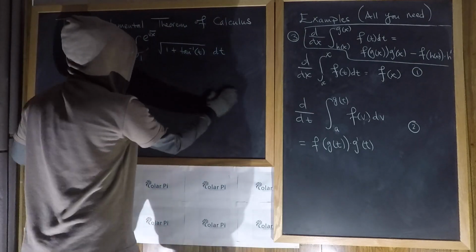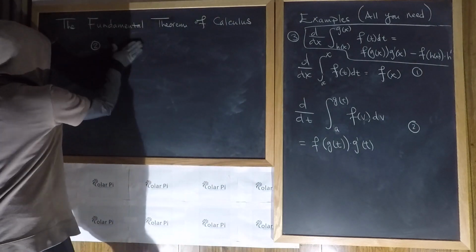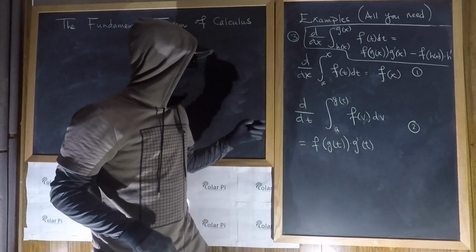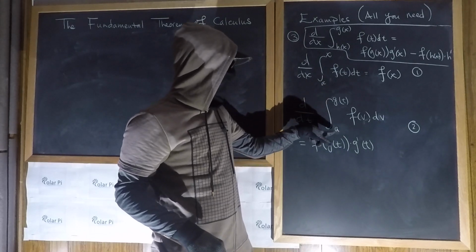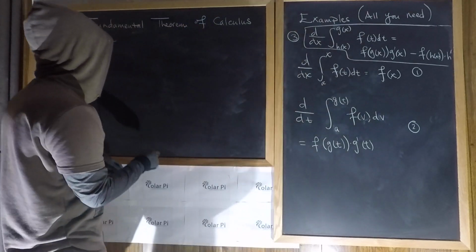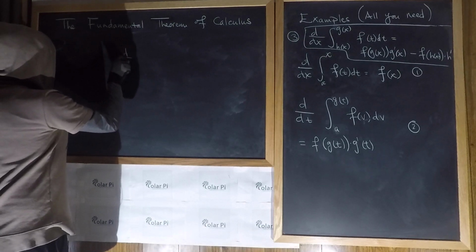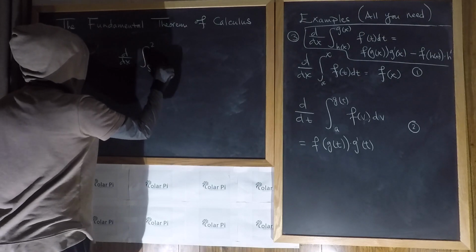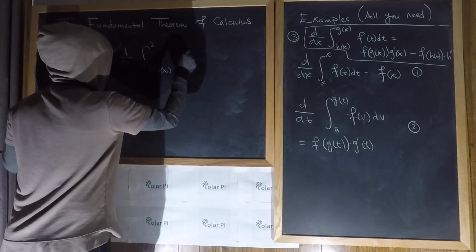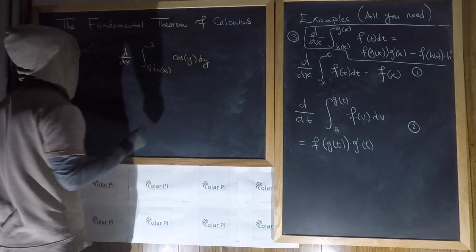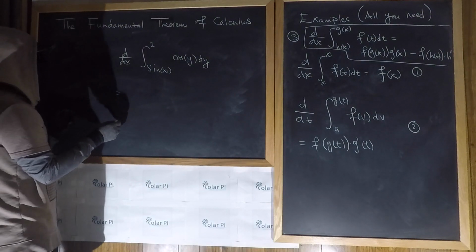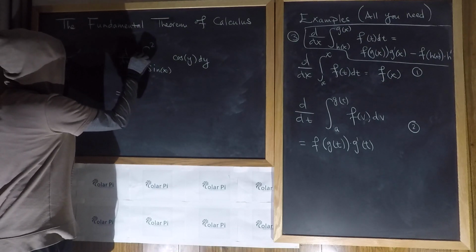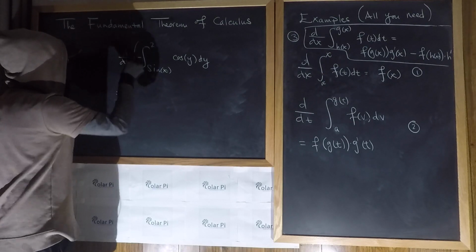Okay, so last one, right? Before the last one, I want to show you what I was talking about as far as if the sophisticated function is here and the constant is there. So if you're given d/dx of the integral from 2 to sine x of cos y dy, then first swap the position of these two, and you can do that by writing a negative in front of the integral, because it's really the derivative of the integral.